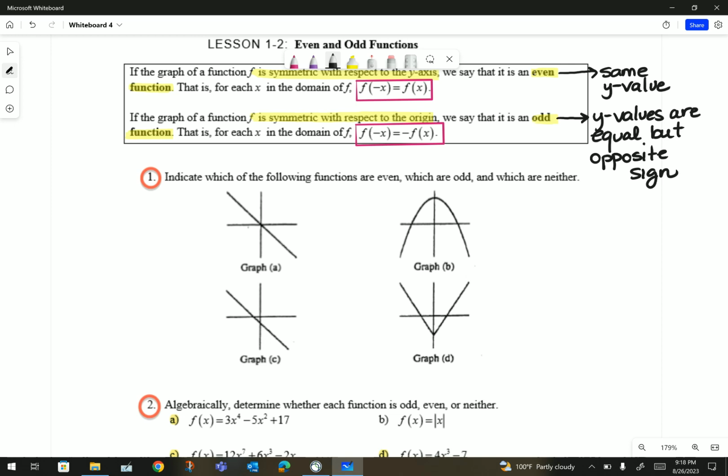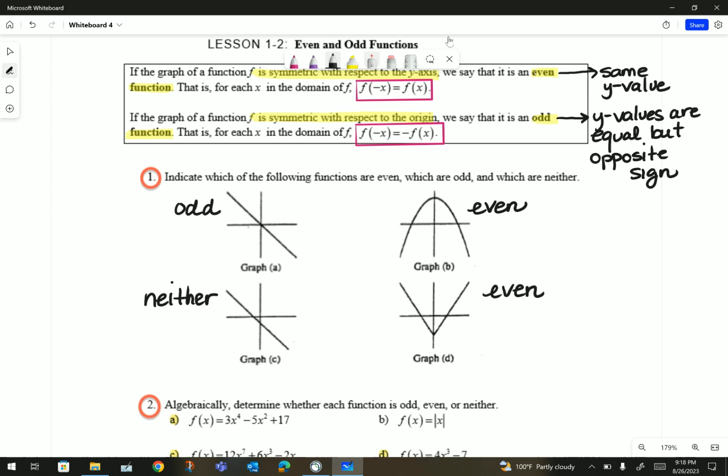Okay, welcome back. Here are the answers you would have put for these 4 graphs. The first one was odd, the second even, the third is neither, and this last one is even.